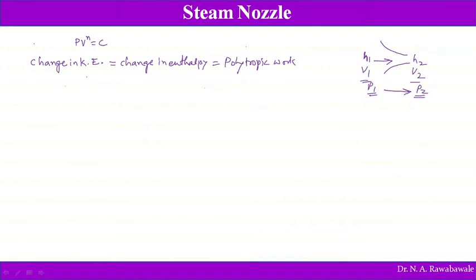Now what we can write here for the change in kinetic energy: V2 squared divided by 2 is the kinetic energy at the outlet, minus V1 squared divided by 2, the kinetic energy at the inlet, and that is equal to the change in enthalpy, H1 minus H2. Which is higher? H1 is higher than H2.